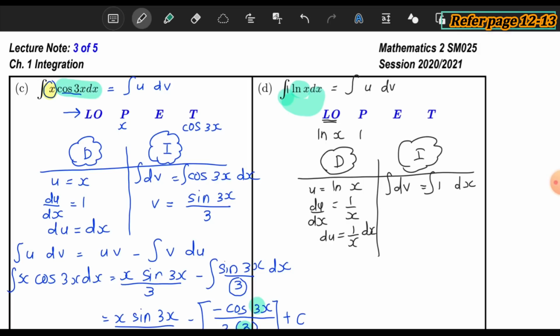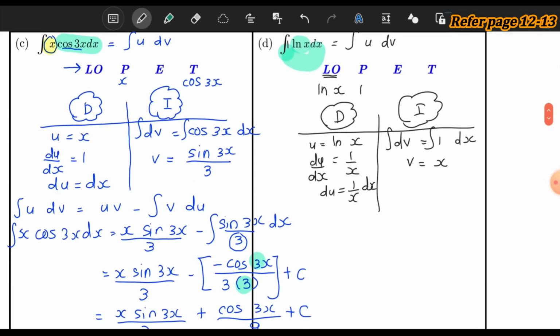We need v to substitute into the formula for by parts. Therefore, v equal to x. Now, we copy the formula, integrate u dv equal to uv minus integrate v du.